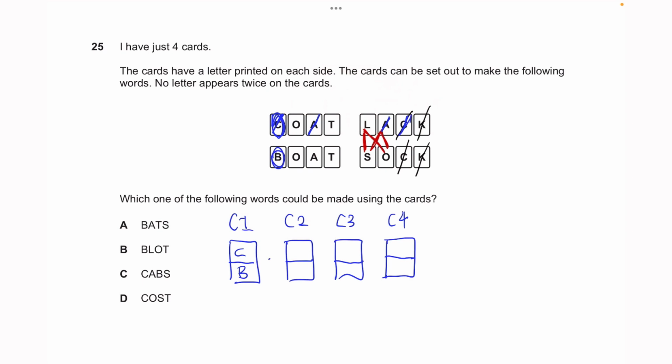But we can see one commonality. From these 2 words that we compared, we saw that LO could have been a possibility. But then from these 2 words, we also saw that LO was a possibility here. And so from seeing that, we can now determine that O and L are together. So we're going to circle all of those.